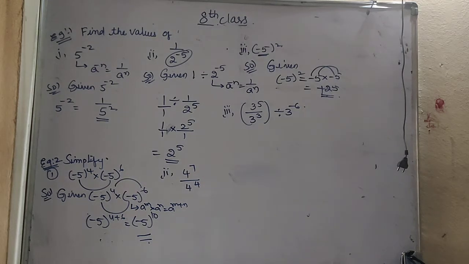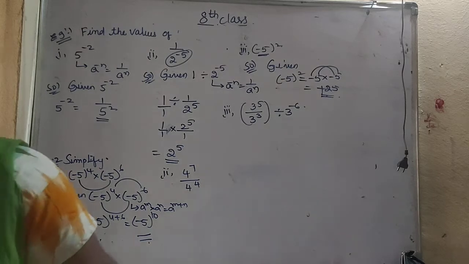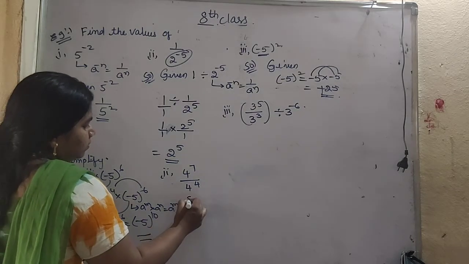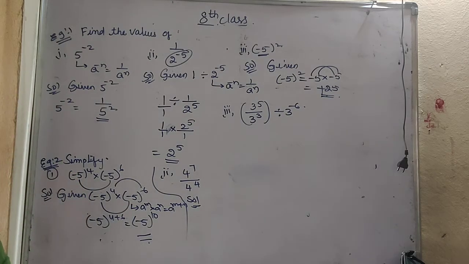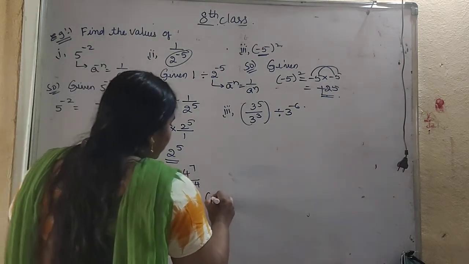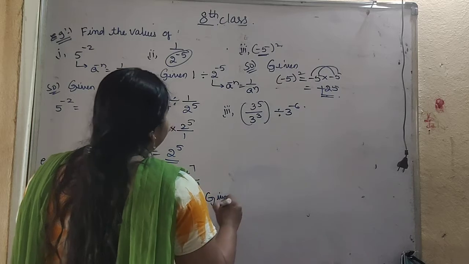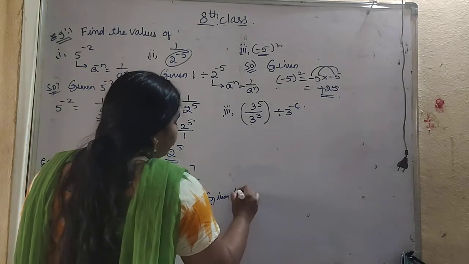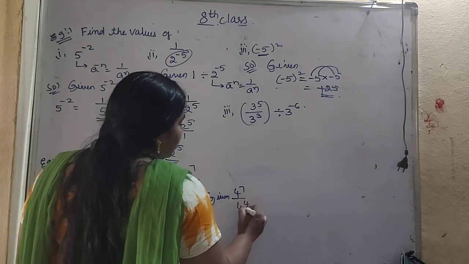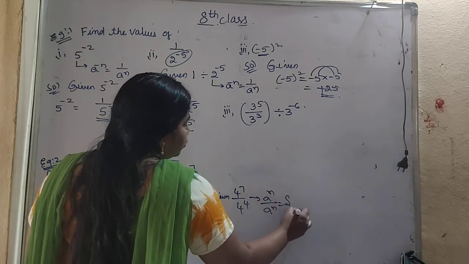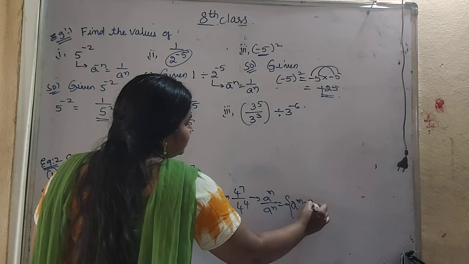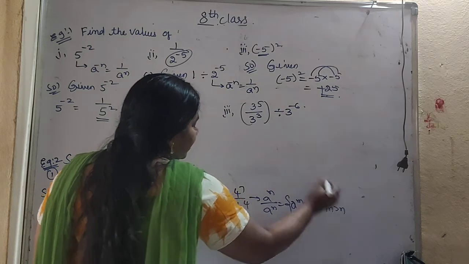Okay, so next one is 4 power 7 by 4 power 4. So this is in the form of which formula we already did? This 4 power 7 by 4 power 4. So this is in the form of a power m by a power n gives rise to a power m minus n if m is greater than n.